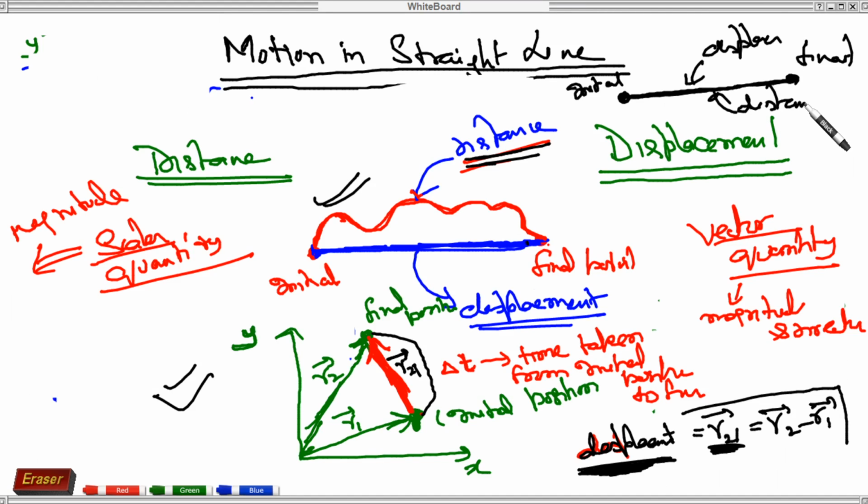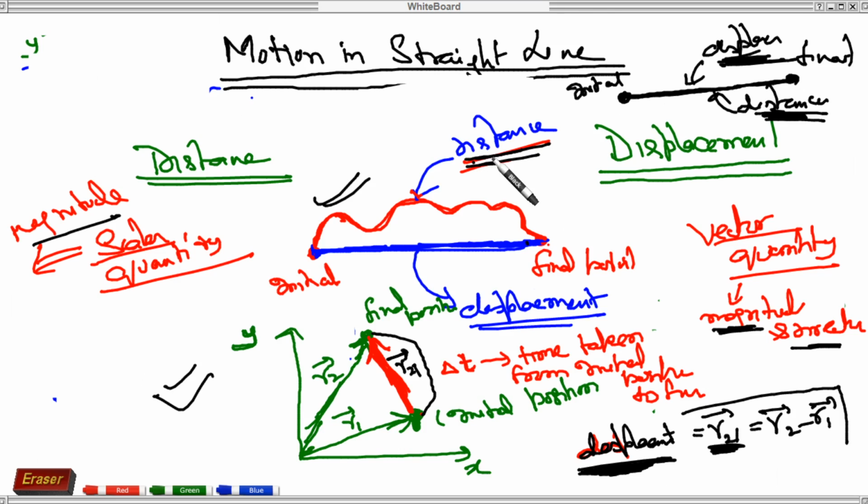Both distance and displacement will be equal in this case, meaning the magnitude of displacement will be equal to the distance. Distance has only magnitude, displacement has magnitude and direction.